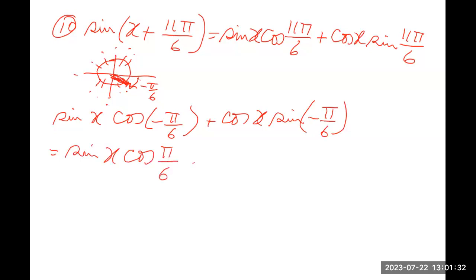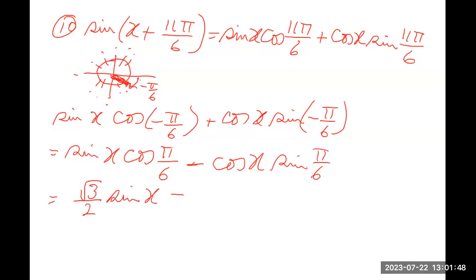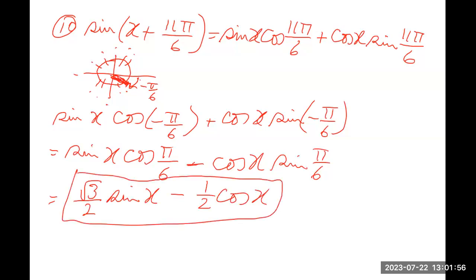And the second term becomes negative cosine x sine pi over 6. Cosine pi over 6 is root 3 over 2, sine x, sine pi over 6 is 1/2. So that is our answer.